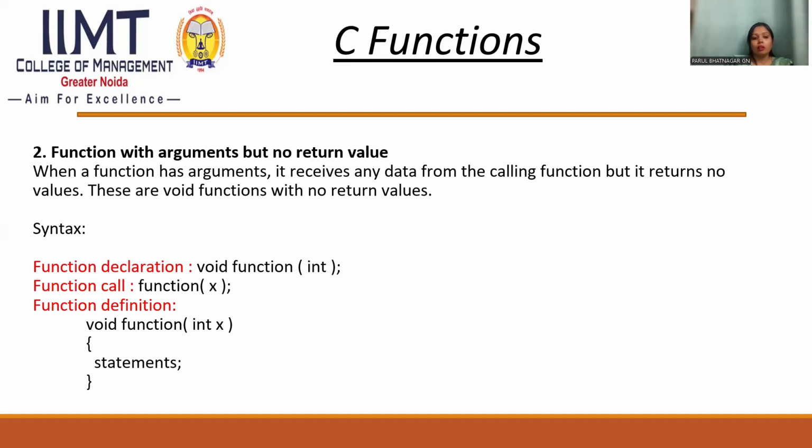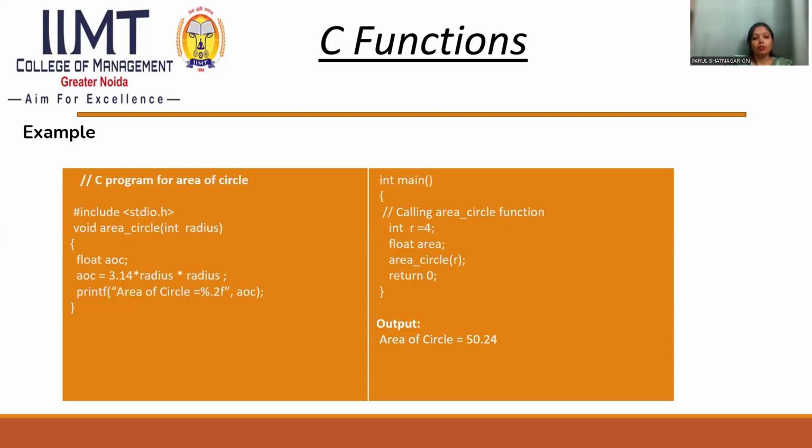Function call. When we call this function, we are not using any return type. Function definition. In this section, we define the working of the function. For example, we make a function called area_circle. This time, this function takes one parameter, but it didn't return any value.